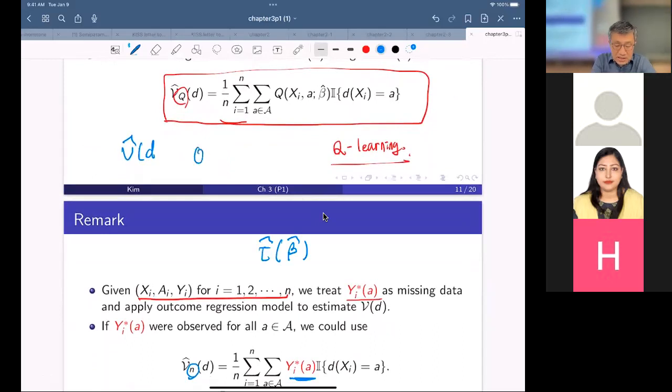Remember, that's exactly the same structure that I covered in my missing data class. So how do you estimate the variance of this imputation prediction estimator?